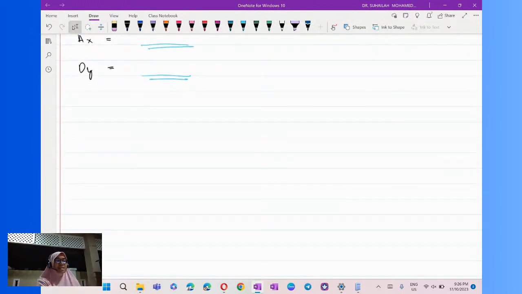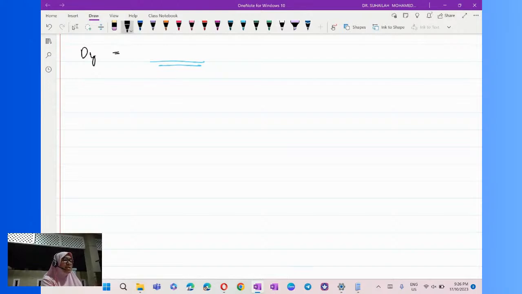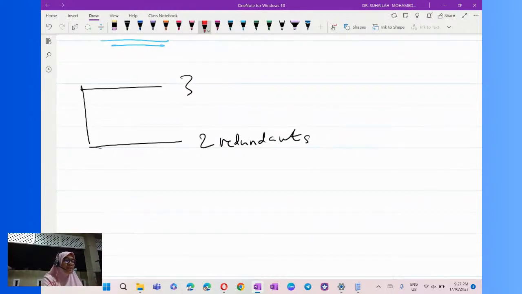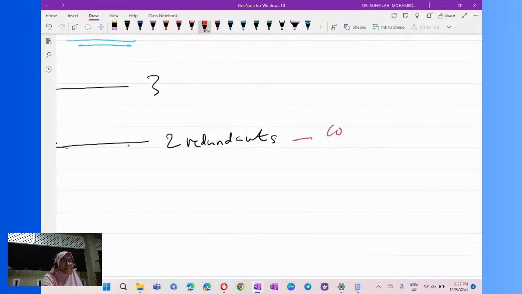So remember, we use the flexibility method whenever we cannot calculate the 5 unknown reactions directly, because only 3 can be solved using equilibrium equations. So we have 2 redundants, and these 2 redundants can be determined using the compatibility equation.